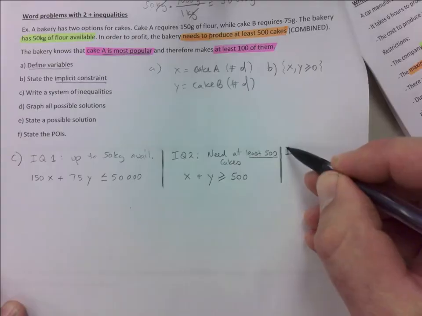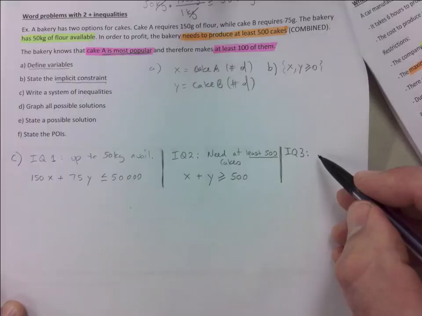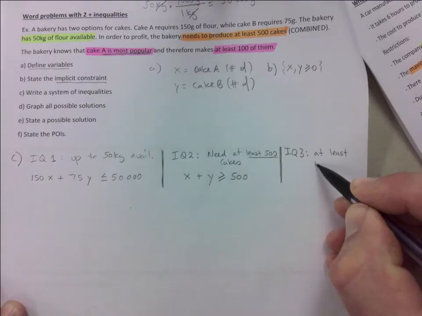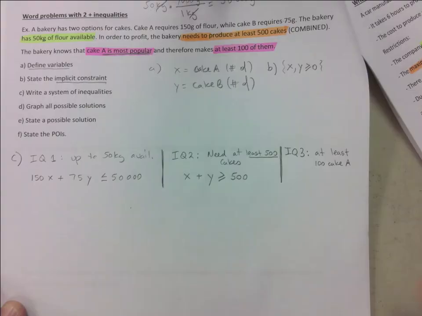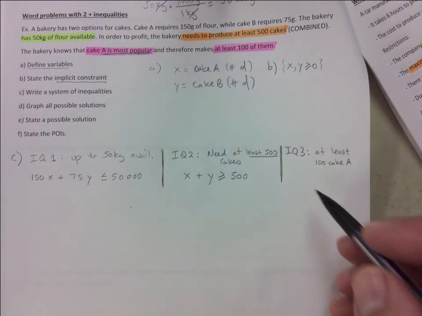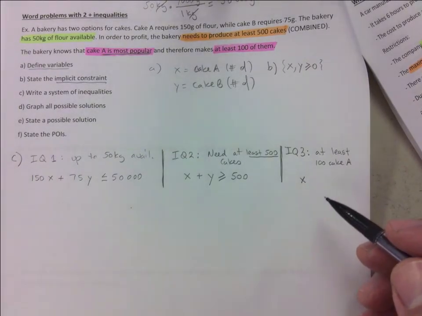And then last but not least is inequality 3. At least 100 cake A. I know it doesn't sound grammatically correct, but we need 100 of just the A, specifically A. So we're only talking about the X variable here.